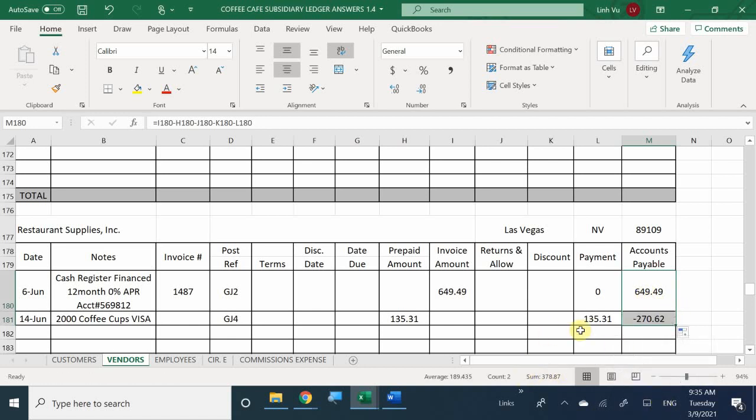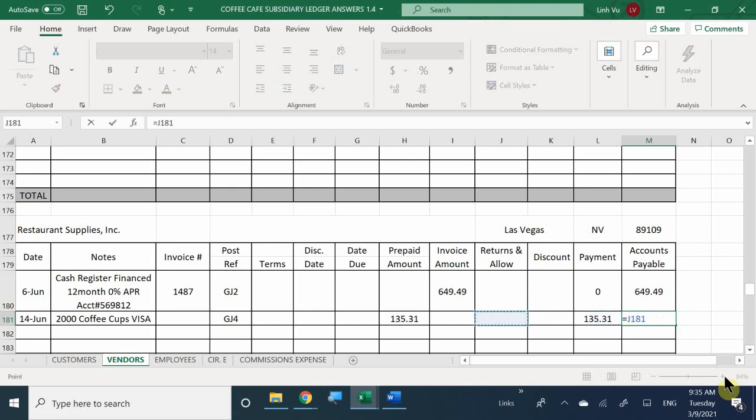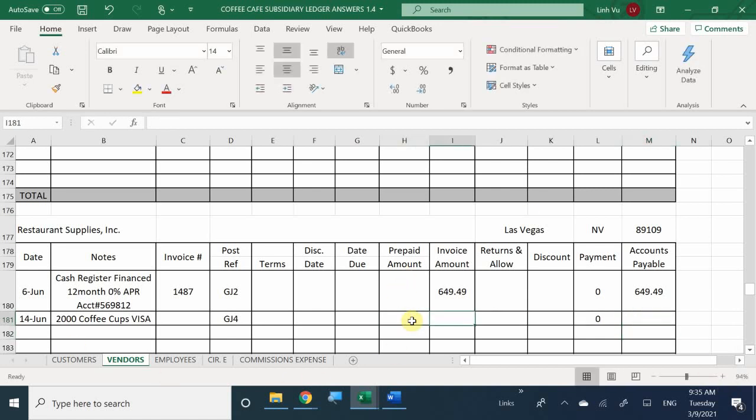But if I pull the formula down, I owe $0. Okay, so that went wrong. This is not supposed to be like that. Oh, I placed it in the wrong amount. Okay. $135.31. There you go.